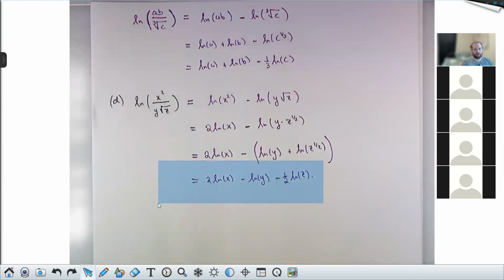Without the parentheses, the previous line is not correct. And if you were to jump from this line without parens to this line, I would still have to take off like a half point or something. So we really need these parentheses. When you're expanding terms that come from the downstairs inside a logarithm, please put it in parentheses. It's important. Without these parentheses, this line is not equal to this line.